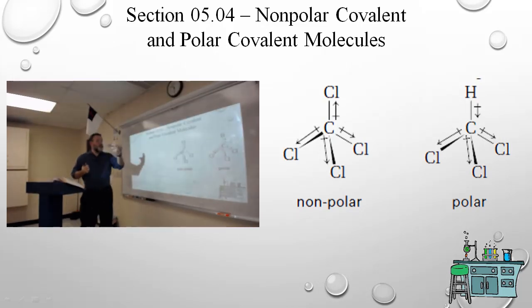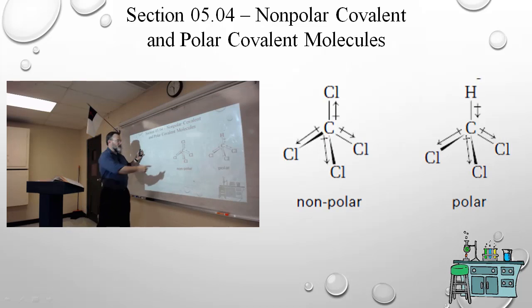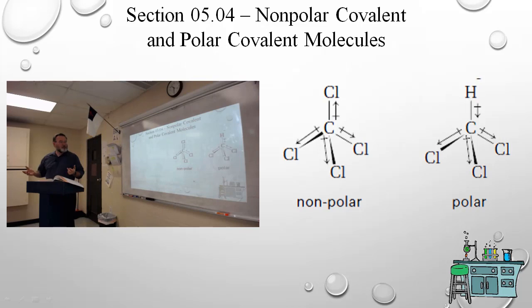If I were to bring a positively charged object, again my pointer, towards this nonpolar molecule, what is it going to do? What's my CCl4 going to do? Nothing. It's a neutral charge. It's perfectly symmetrical, it has no poles.